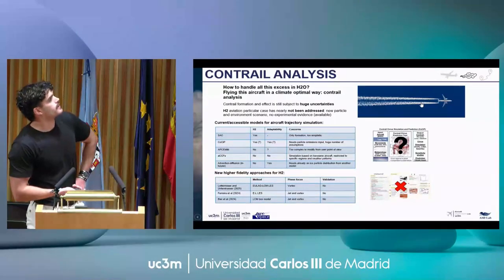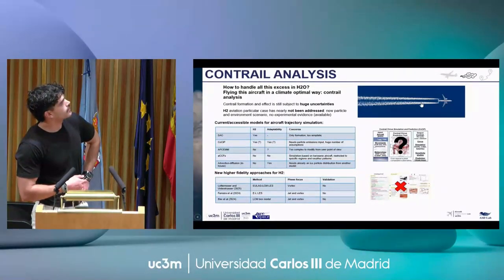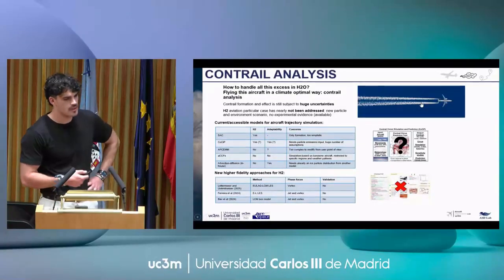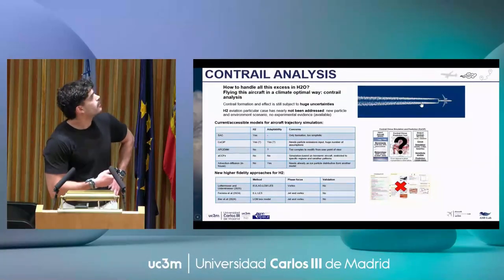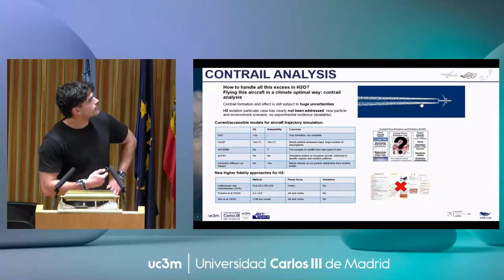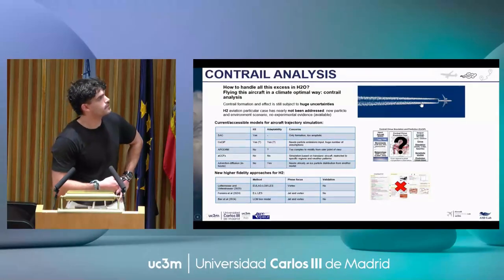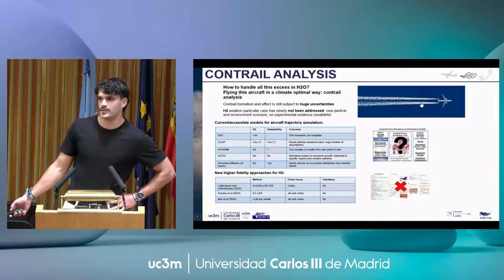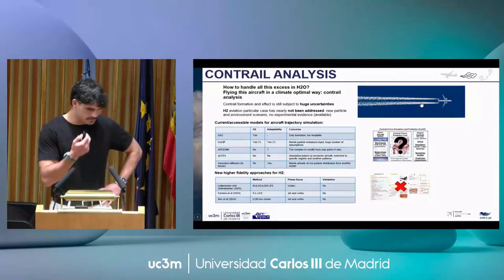So I show you here a review of the current models that could be useful for aircraft trajectory simulation. Nearly only one of them is starting to include capabilities for including hydrogen aircraft, but we still have a huge number of uncertainties, and we still need particle emissions input to run.